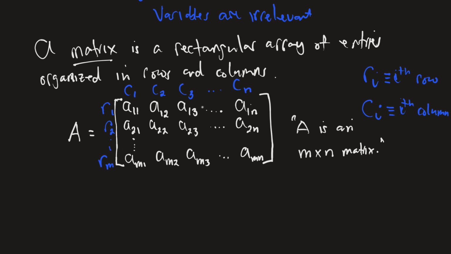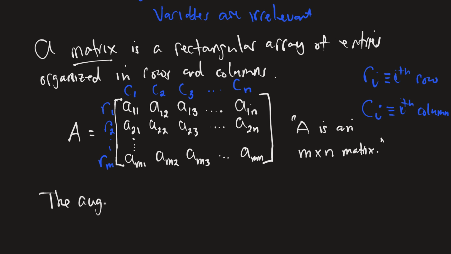What we can do is augment this structure to add another column. In this augmented form, it's understood that the very last column will represent the constants on the right-hand side of each equation.